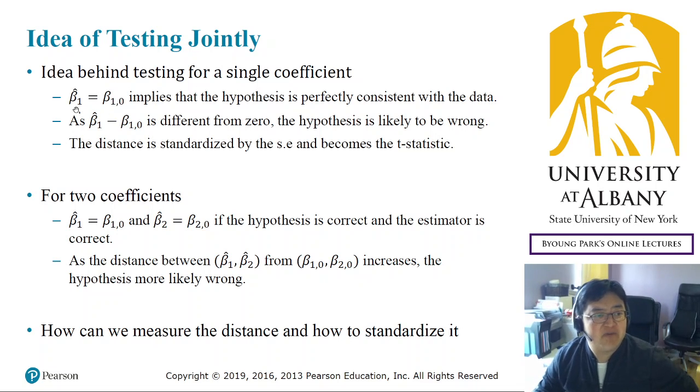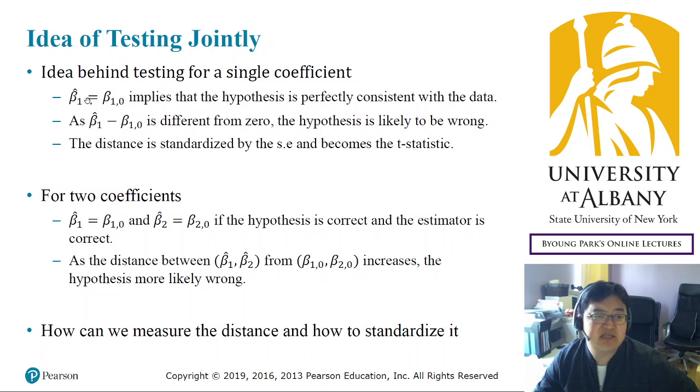So we have beta 1 hat. Suppose that we are interested in beta 1, and beta 1 hat is the estimate from the data, and beta 1,0 is the value your hypothesis is specifying. So you believe that beta 1 equals beta 1,0, but your data tells you that beta 1 equals beta 1 hat.